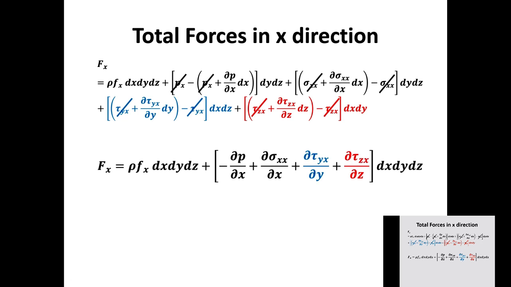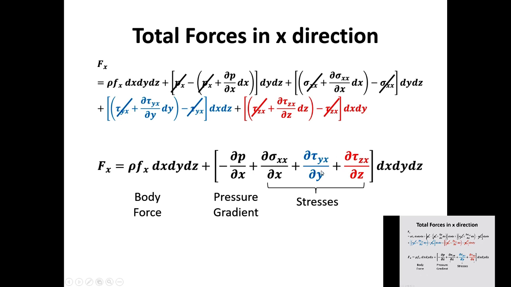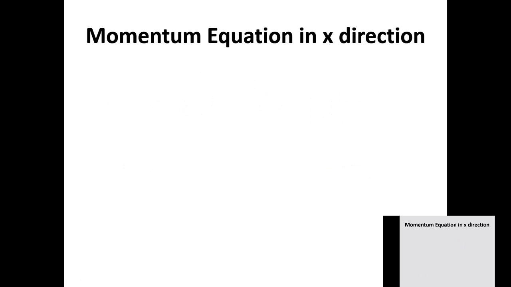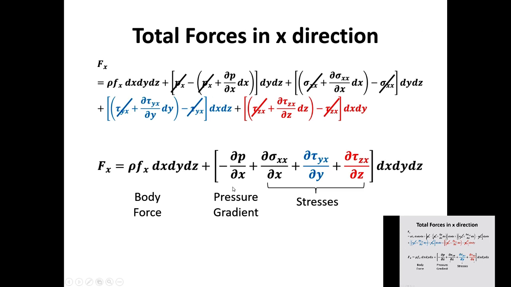So when you simplify them, you can write your total of forces as equal to the body force, the pressure force, and the normal stress and the shear stress. So you call them the body force, the pressure gradient, and the stress tensor. This is called the stress tensor. This is due to stress. This is the pressure. This is the body force.